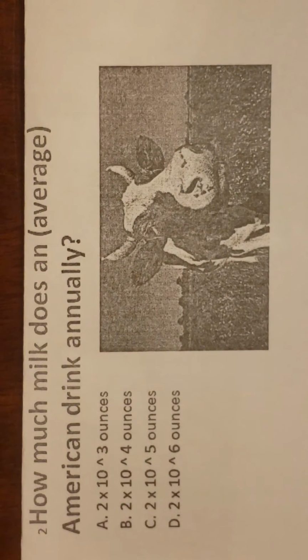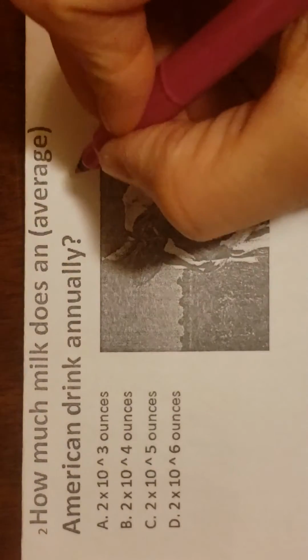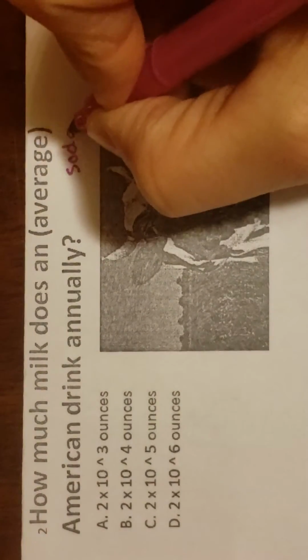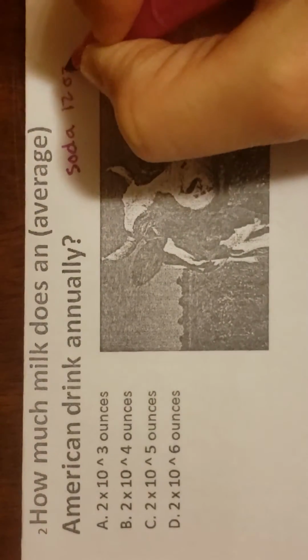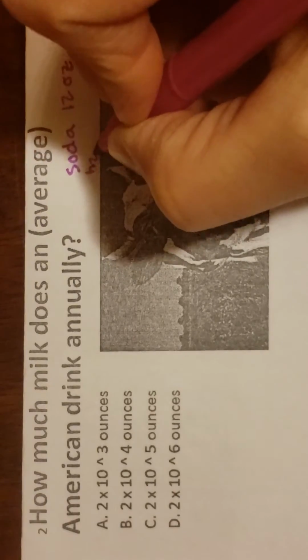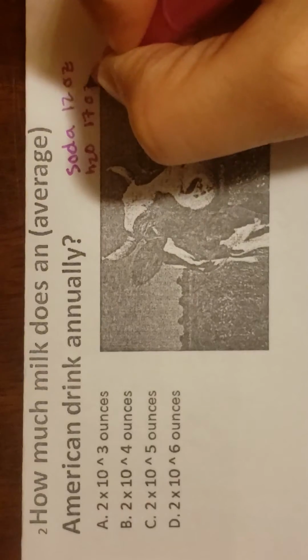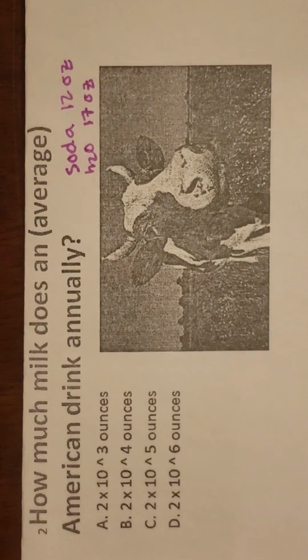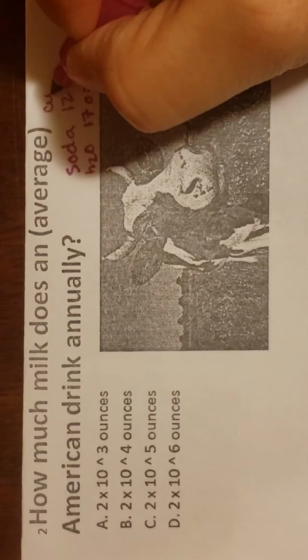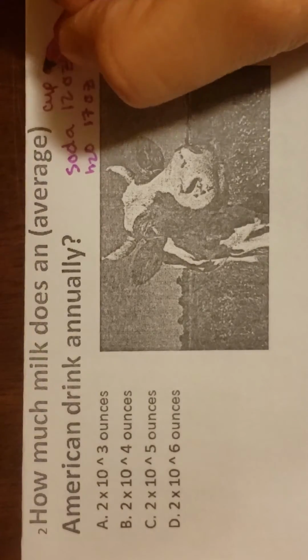What is wrong with me? A soda can is 12 ounces. A standard water bottle is 16.9 ounces, so call it 17 ounces, right? So that helps you. A cup is 8 ounces. Not a literal cup in your cabinet, but a measuring cup is 8 ounces.